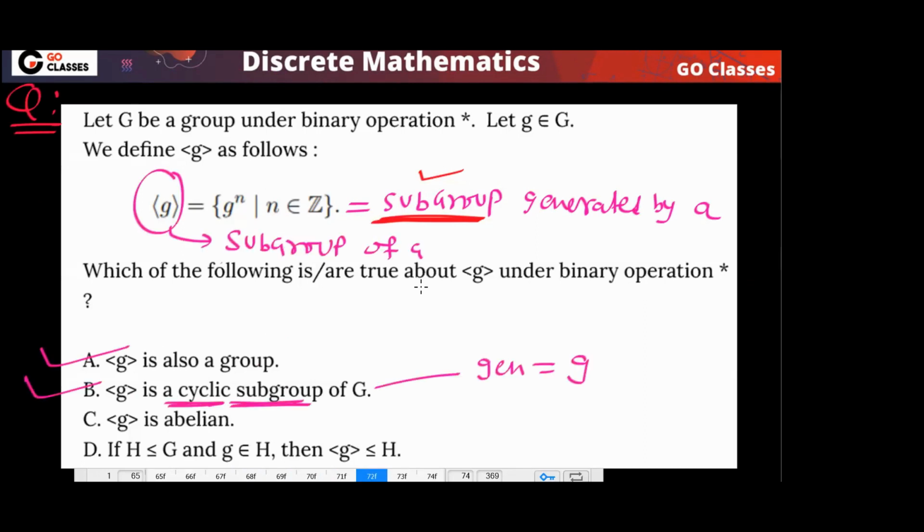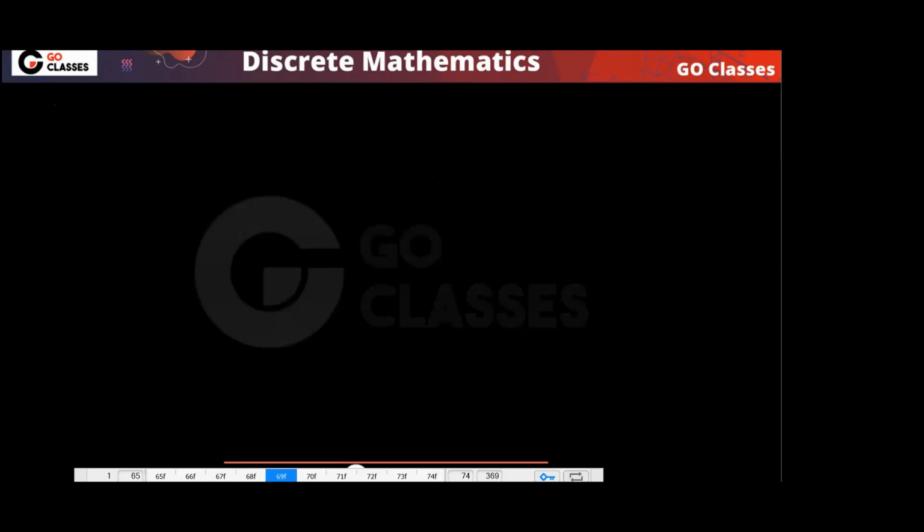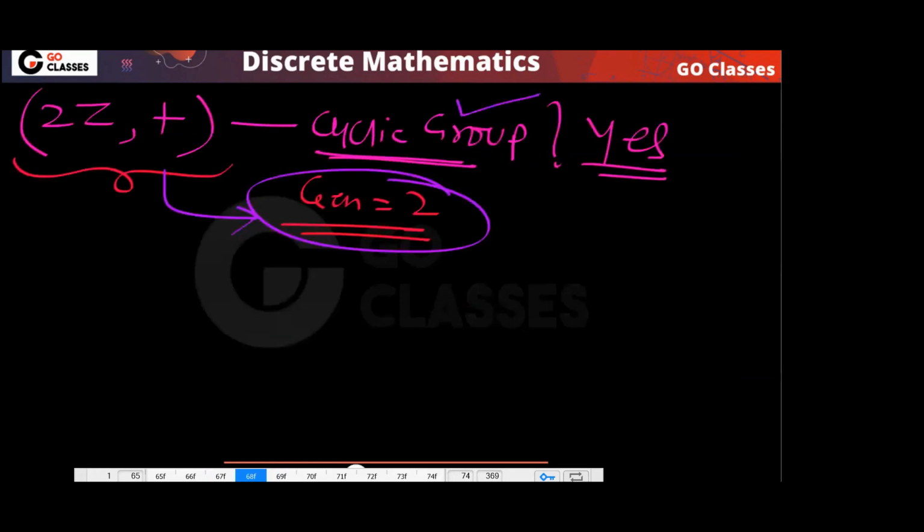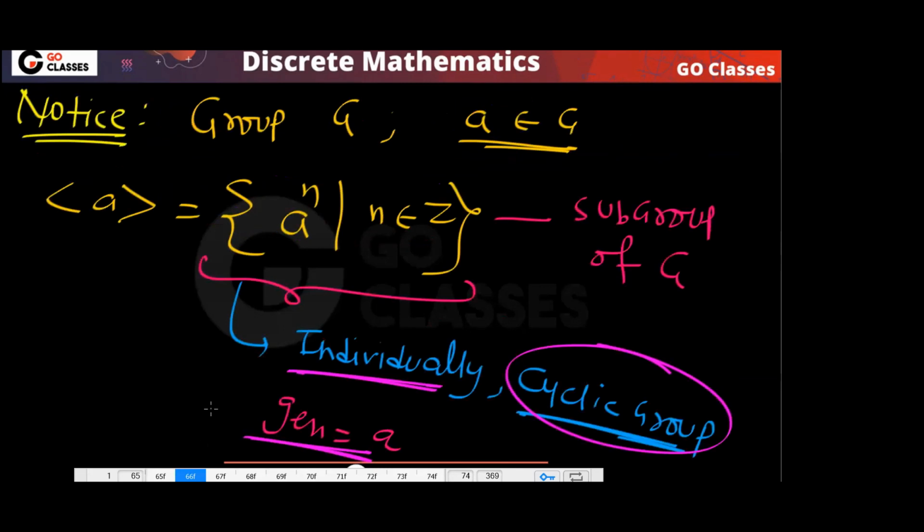So I can say this is a cyclic subgroup of G. For any group, whatever group you take, this thing is always cyclic.